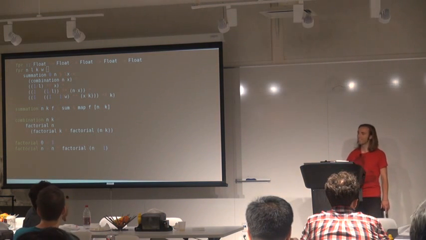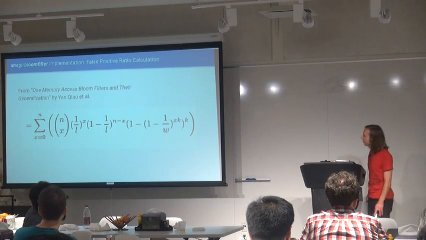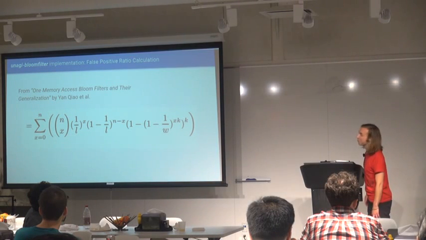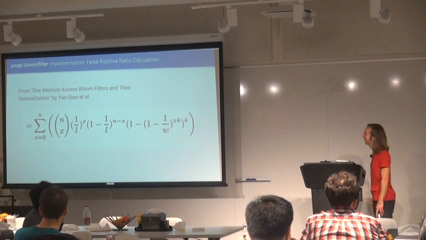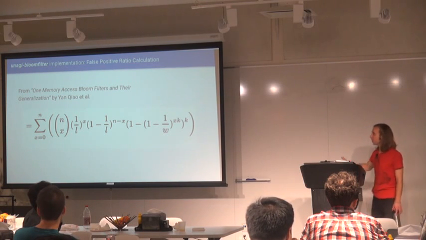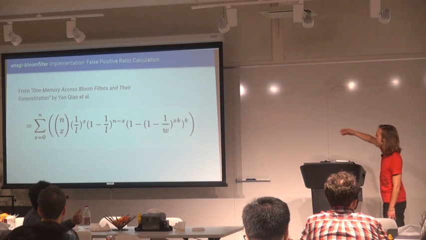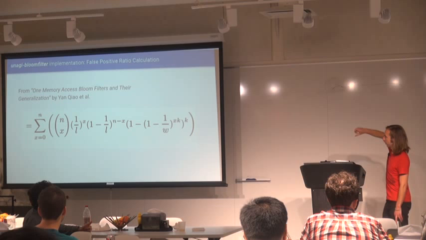I don't know right now. I can probably figure it out from the slide. W is the number of bits.